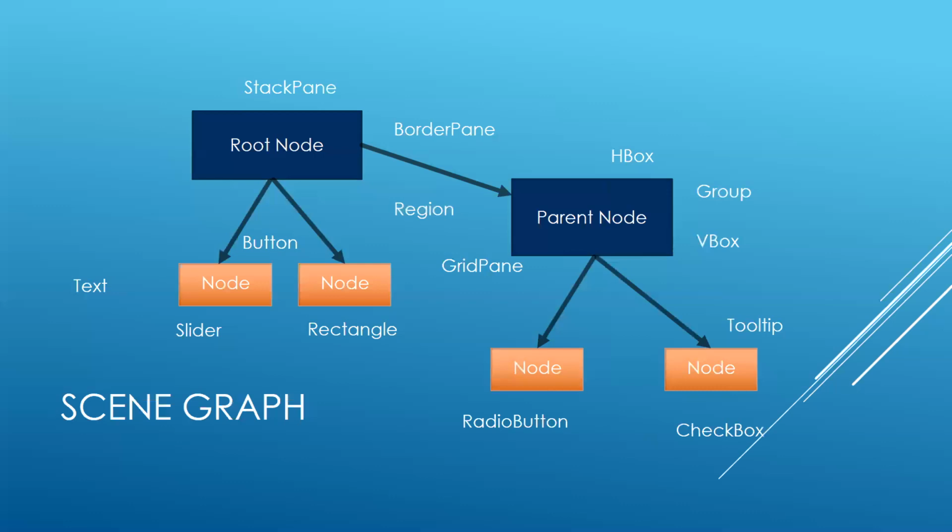You can think of them as a window pane. So our root node is going to be the whole screen, and then each pane can contain additional things. I could have a stack pane, I could use a border pane, I could use an HBox or a VBox or a group to become a parent. So lots of flexibility. Let's look at some pictures.